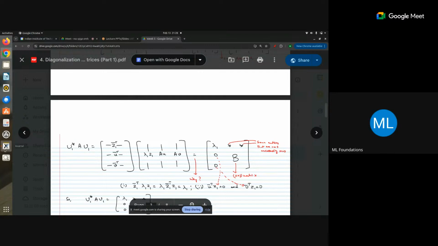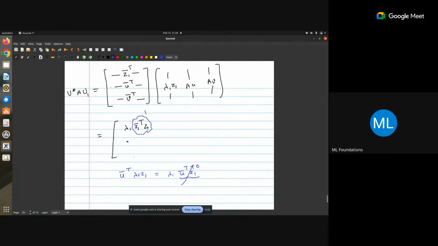Similarly, what will happen to this part? It will be V bar transpose lambda 1 Z1. Taking lambda 1 common, V bar transpose, which is V star Z1, will also be equal to 0. So these are two 0 values here.